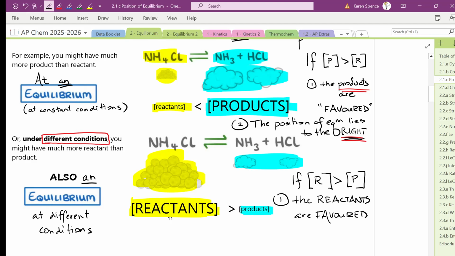And we could say the position of the equilibrium lies to the which direction? Left. Excellent. Is that good? Okay, excellent.